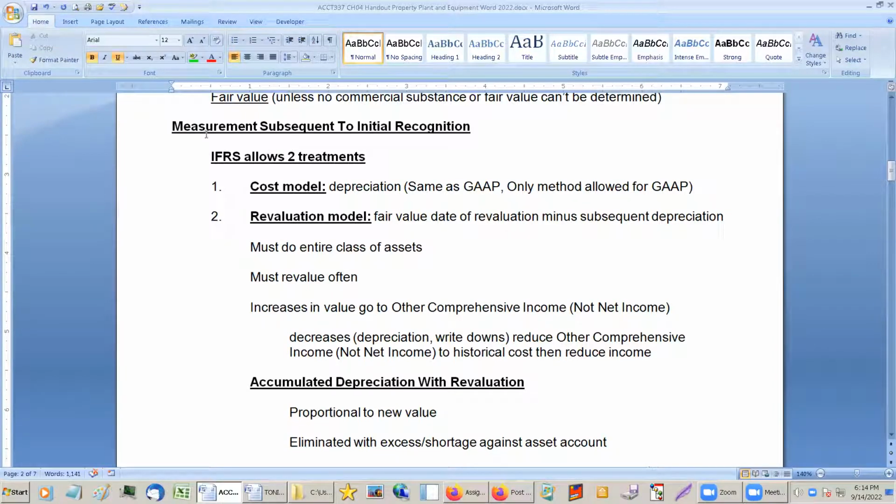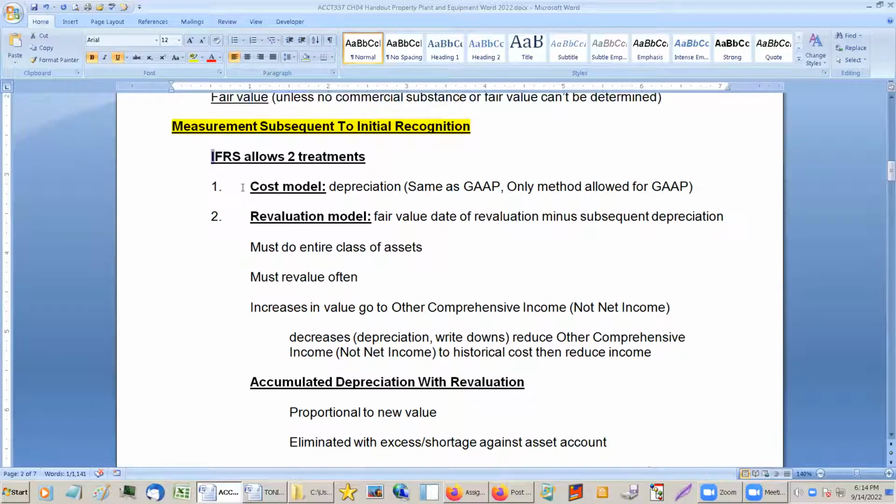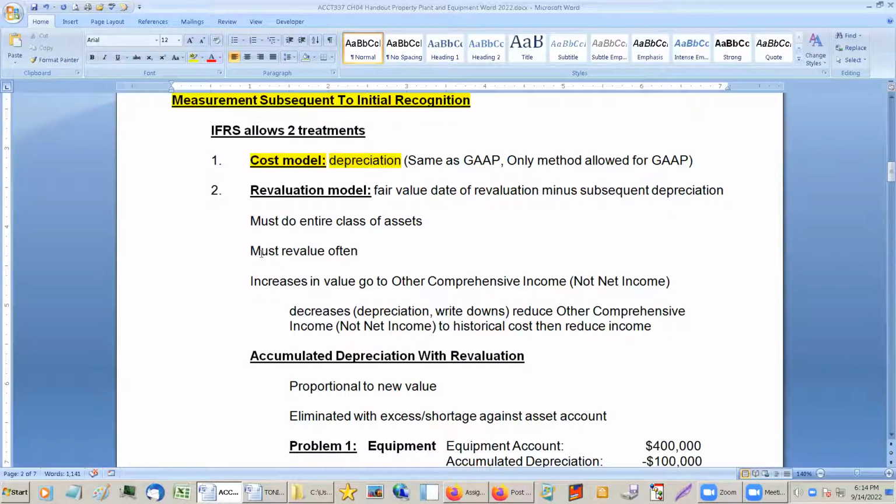International standards, measurement subsequent to initial recognition. So these are the two treatments you can use for your long-term assets. The cost model, this is exactly what we use in the United States. We have the depreciation and so on. The revaluation model: fair value minus subsequent depreciation.